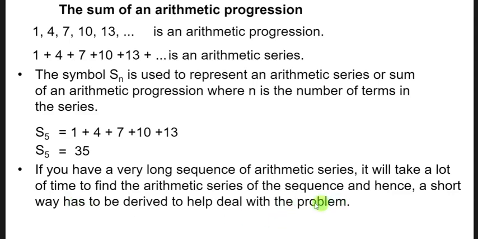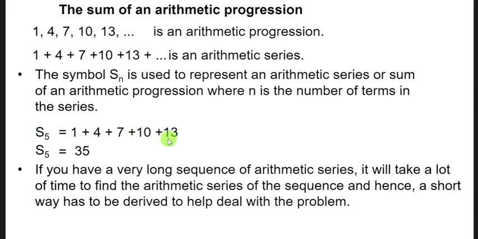If you have a very long arithmetic series, it will take a lot of time to find its sum, and hence a short way has to be derived to help deal with the problem. We were able to find the sum of this arithmetic series because it is just a short series.